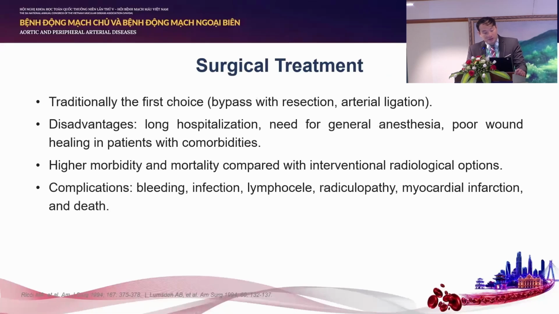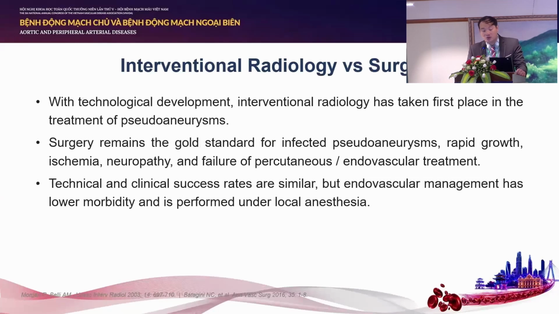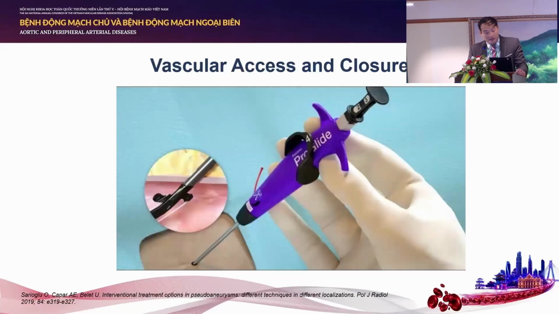Surgery was the first choice but carries complications such as bleeding and infection. Nowadays, with technical development, interventional options have taken first place in the treatment of pseudoaneurysm. Surgery remains the gold standard for infected pseudoaneurysm, rapid growth, ischemia, and neuropathy. For large access sites, we could not close the artery before, but now we have many devices to close the vascular access, such as ProGlide.